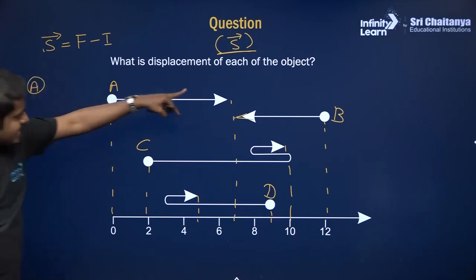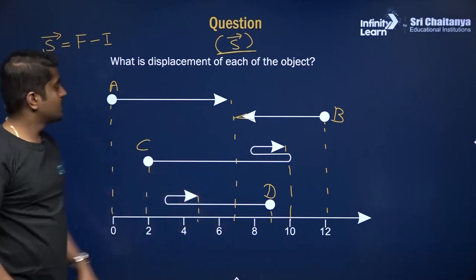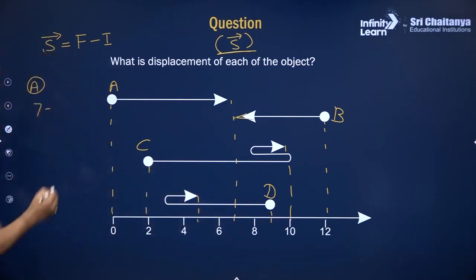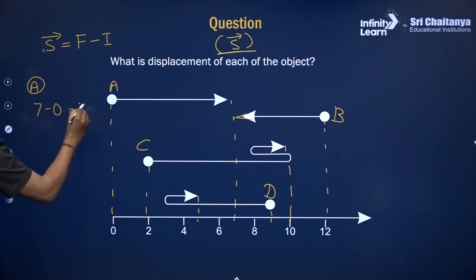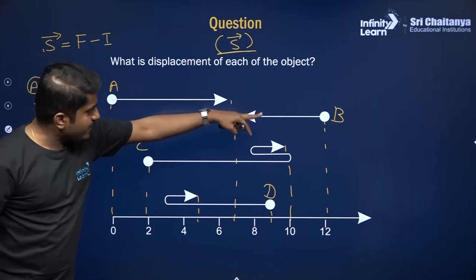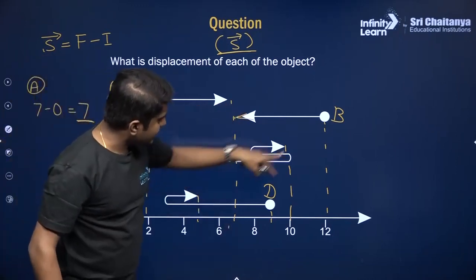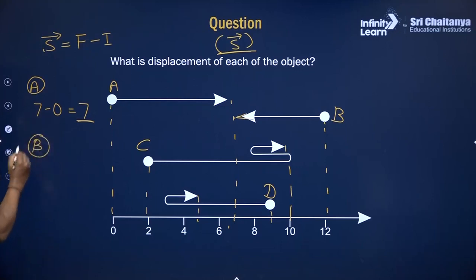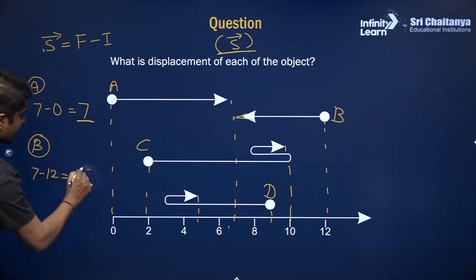For object A, the final position is 7. So final position 7 minus the initial position which is 0. So displacement is 7 for object A. How about object B? The final position is 7, initial position is 12. So 7 minus 12 is minus 5.